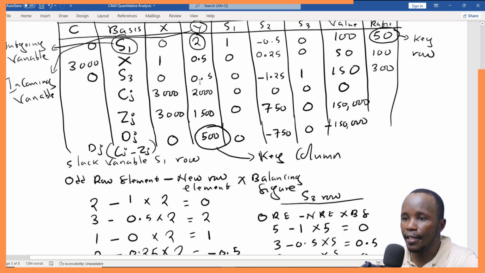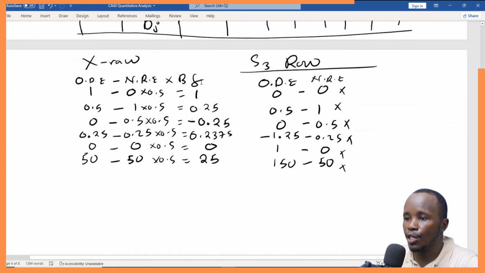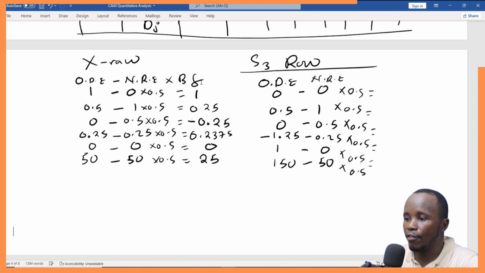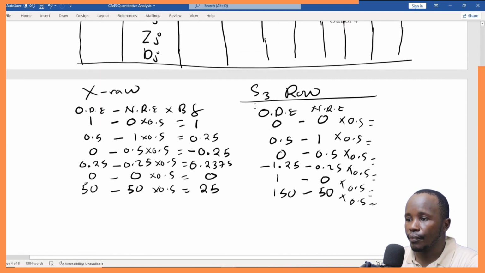The balancing figure here is 0.5. So I will multiply everything by 0.5. I hope you have seen where I've obtained my balancing figure. Now, work out this. What do you get?